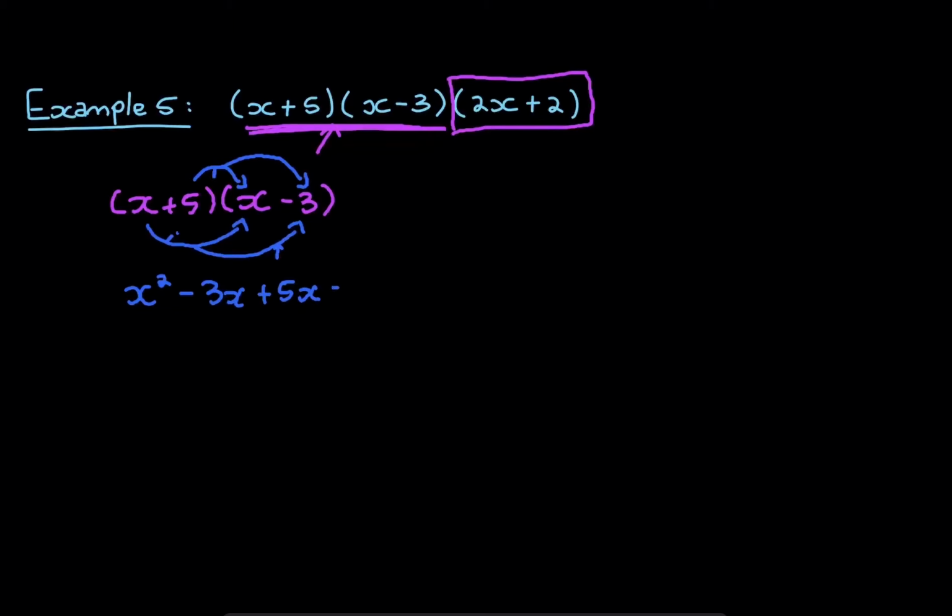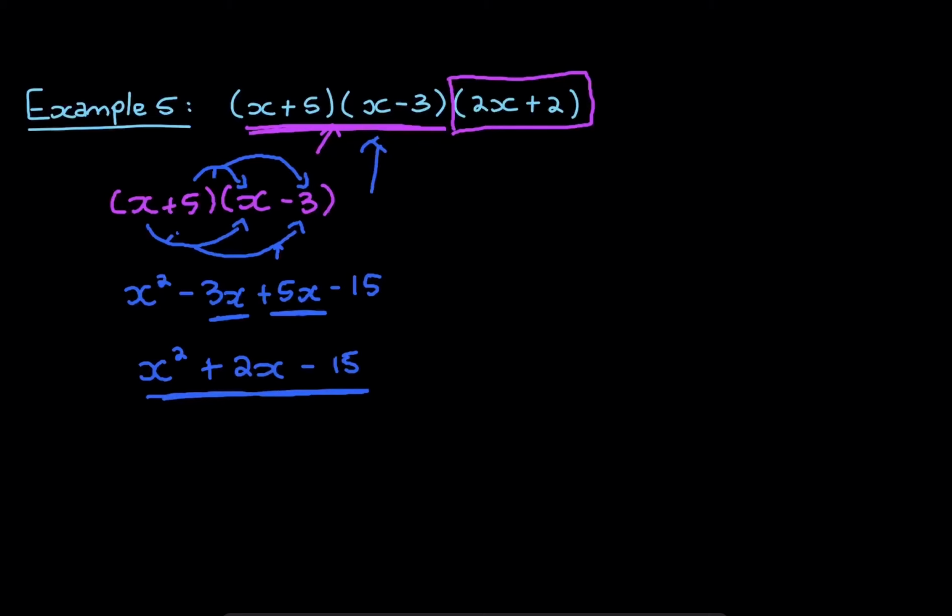Minus 3 times 15 is negative 15. So let's simplify this. Minus 3x and 5x are like terms, so you get x squared minus 3x plus 5x is plus 2x, minus 15. So this is our answer for this part over here.